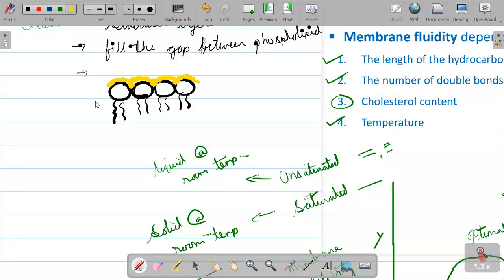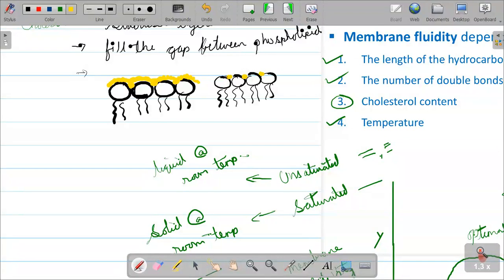Now tell me, is the hydrophilic end exposed? No, sir. At the same time, if I fill only these gaps, then what happens?